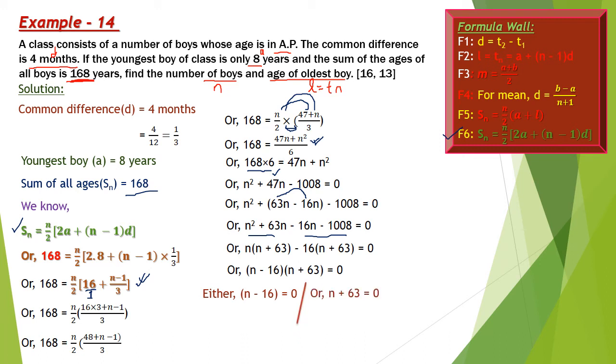Either n minus 16 equal to 0 or n plus 63 equal to 0. n is equal to 16, or n is equal to minus 63. Therefore n is equal to 16, because a counting number cannot be negative. Hence the number of boys is 16.